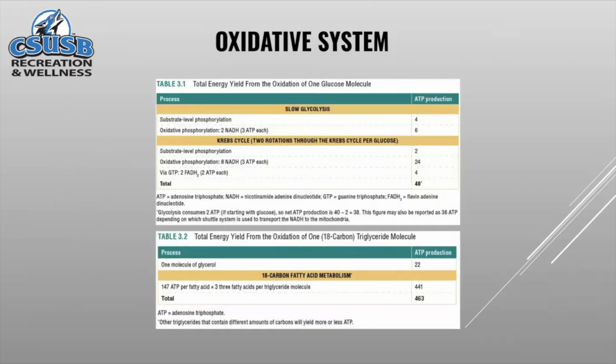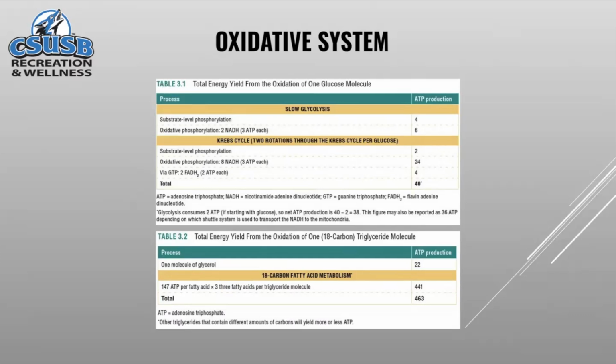All right, so looking at our glucose yields of energy. Slow glycolysis will have 4 ATP out of substrate level phosphorylation. Out of oxidative phosphorylation, we'll get the 2 NADH, 3 ATP from each of those in the electron transport chain, and that'll give us 6 total. So it's 10 right there.